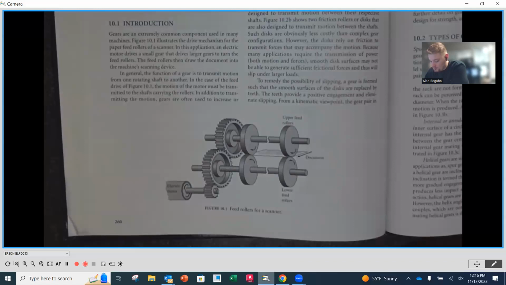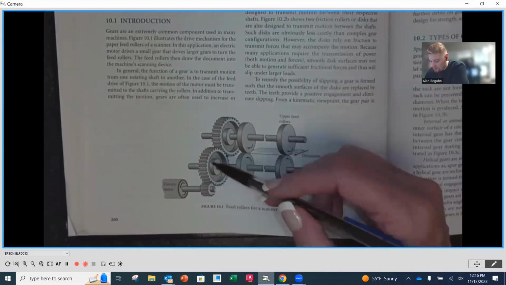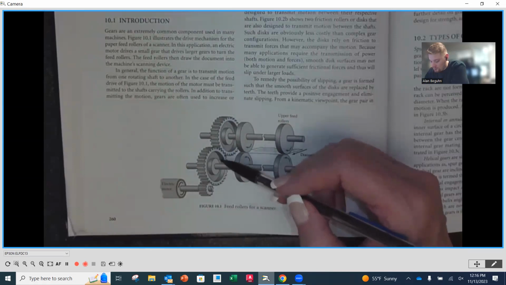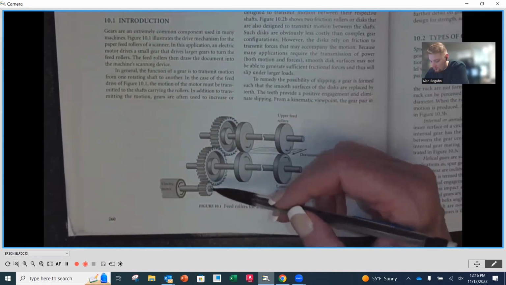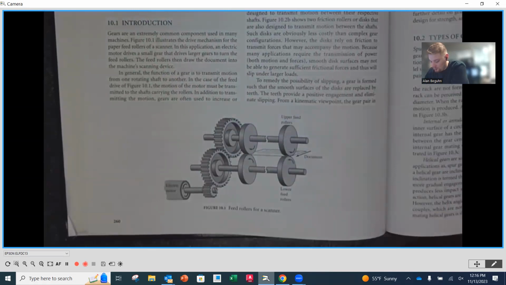Number one, it's going to slow the speed down, because if this is rotating at a faster speed, it's going to go around more times than the larger one that's in engagement with this gear. Okay, so it's going to slow the speed down. It's also going to increase torque, which we're not going to talk about yet. We'll do that when we're in machine elements.